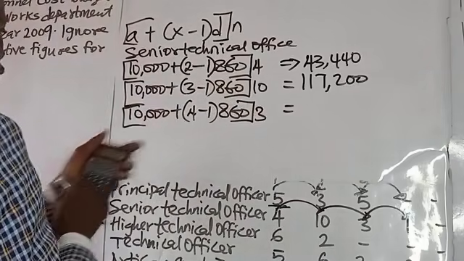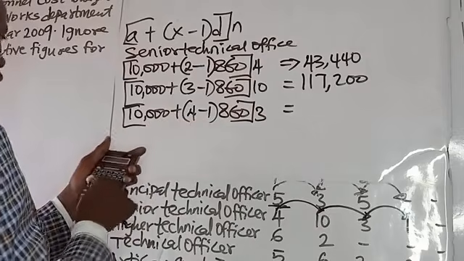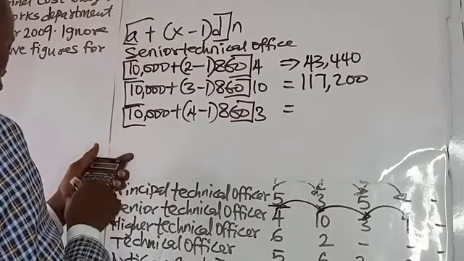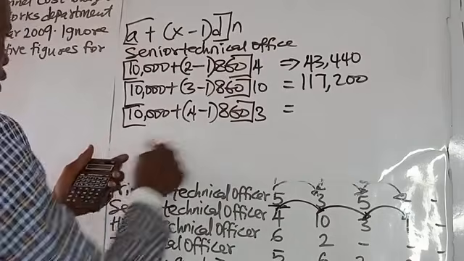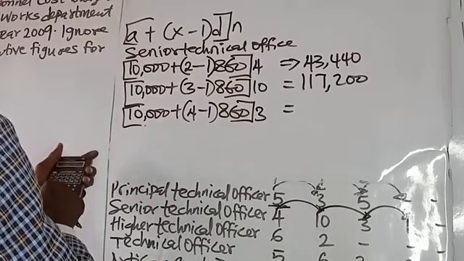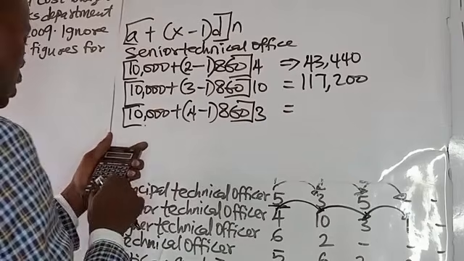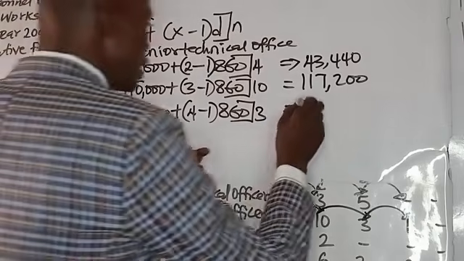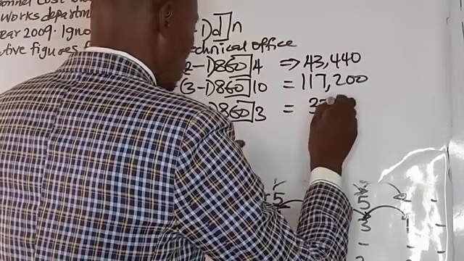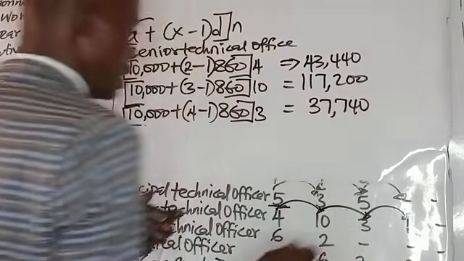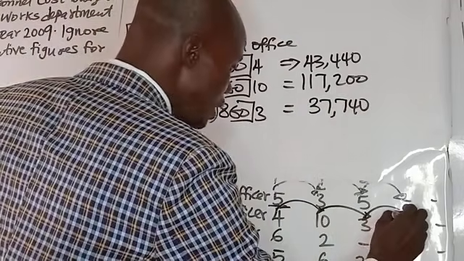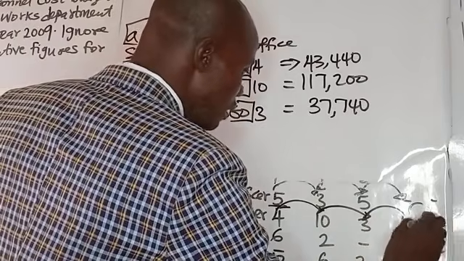So 4 minus 1, that is 3. 3 times 860 plus 10,000. That is 12,580 times 3 employees. 37,740.